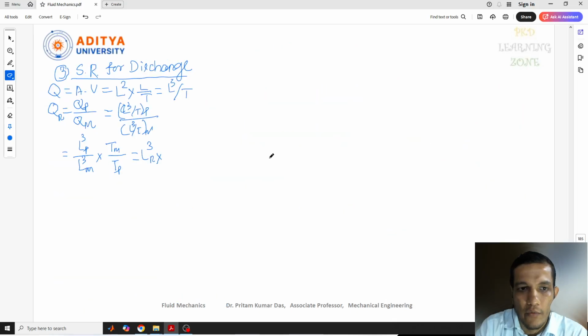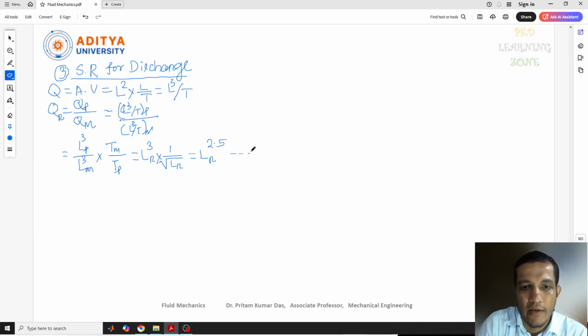So here we got the value of TM by TP, that is nothing but 1 by root over of LR. If you take it above and solve, you'll get LR to the power 2.5. Okay, this is the answer.